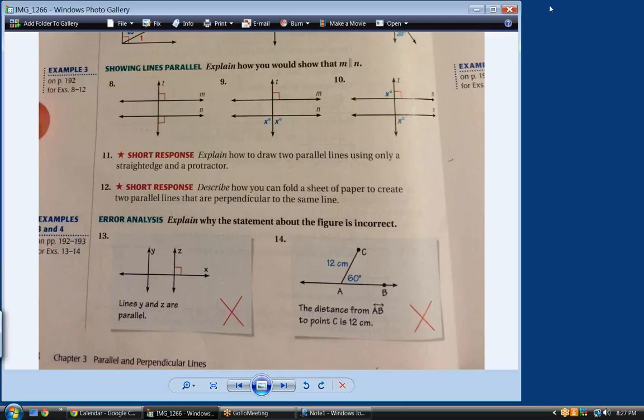In fact, I was looking in your book, and it showed how to draw a perpendicular line. And of course, if you could draw a perpendicular line twice, then you'd have two lines that are parallel.